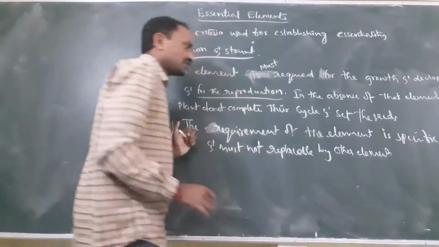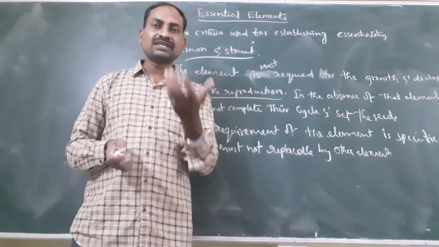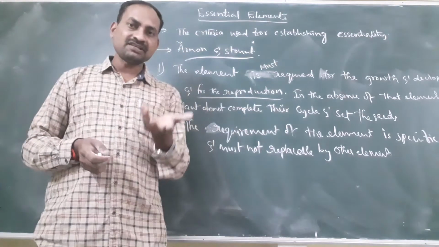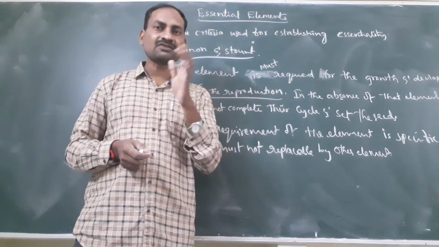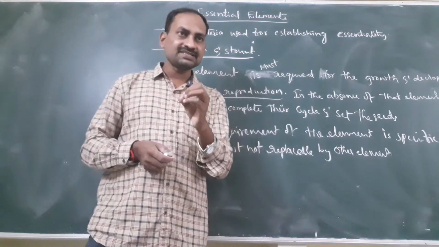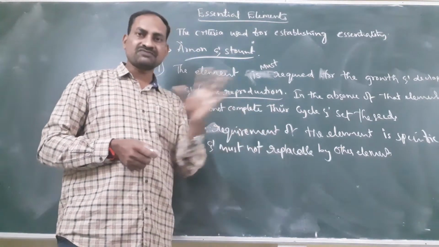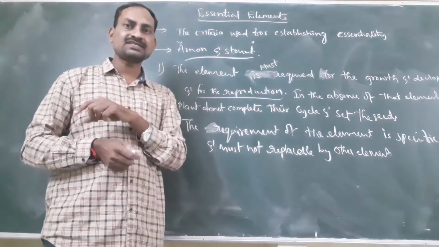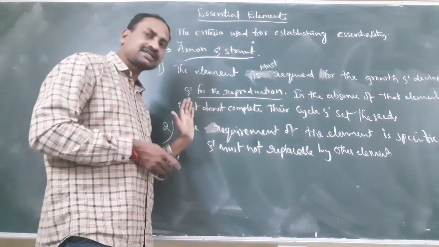For example, there are some elements whose deficiency can be replaced by adding other elements. That is not an essential element. We cannot consider that element as an essential element. The essential element is the element whose requirement is specific and no other element can replace the deficiency of that element. So that is the second requirement.